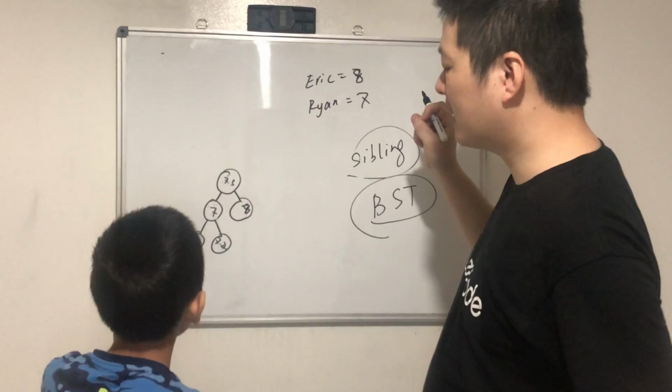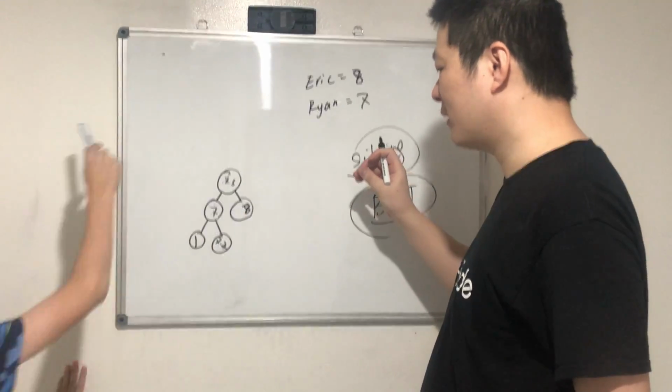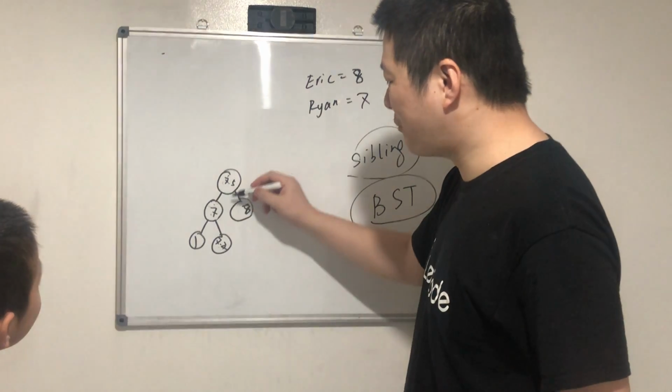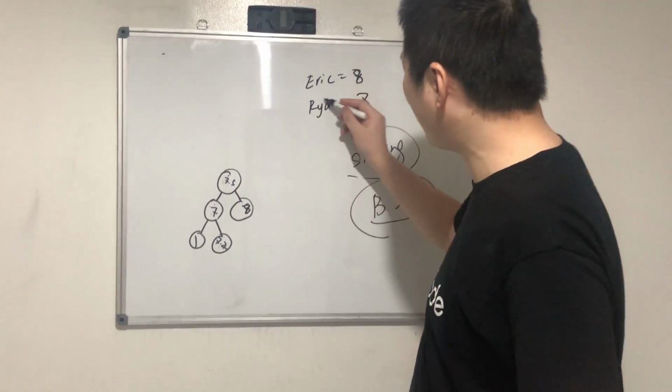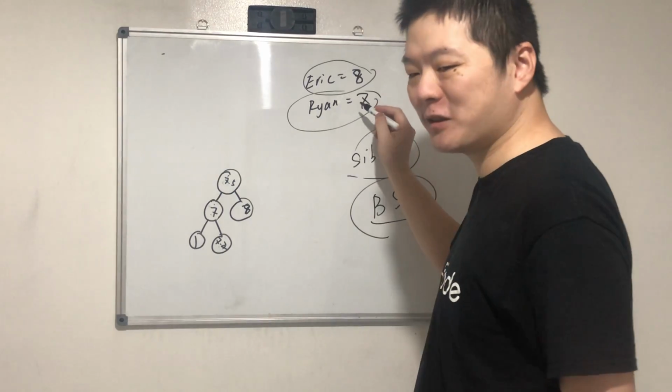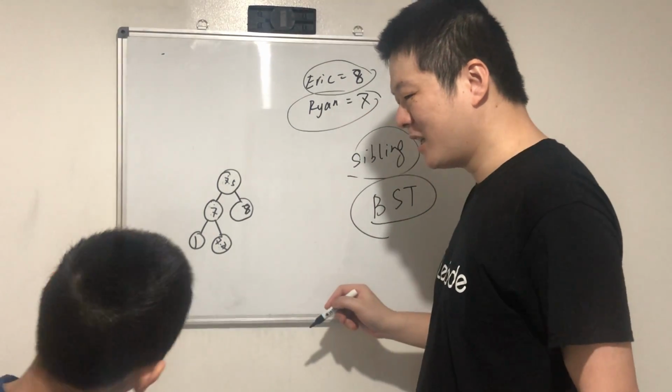If the one you're looking for is smaller, you go to the left. For example, you want to find Eric, which is bigger, go to the right. You want to find Ryan, which is smaller, you go to the left. Right? Okay.